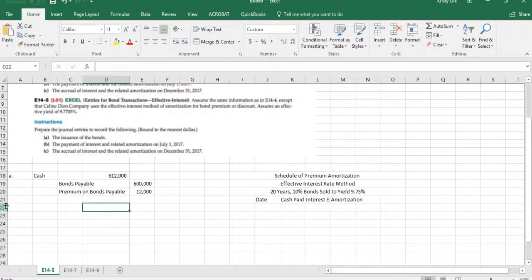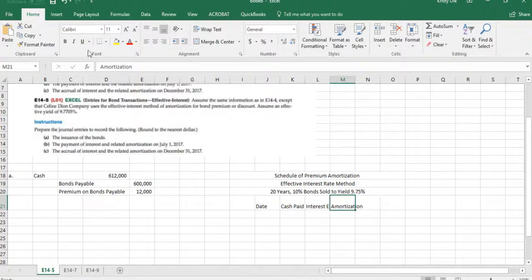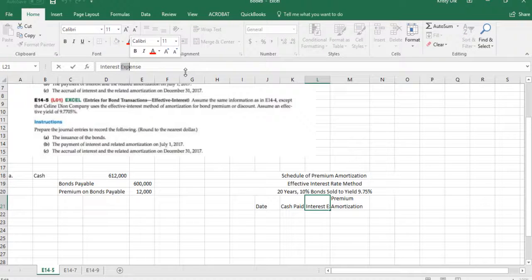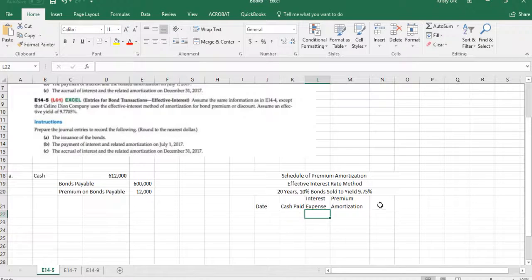So I'm going to open this up just a hair. Let's go ahead and do the same thing with interest. And then we have carrying value.